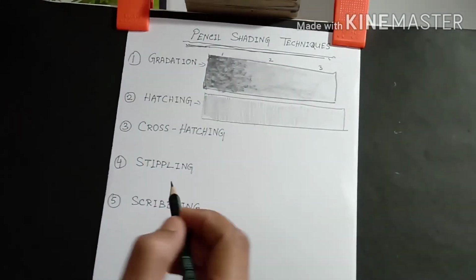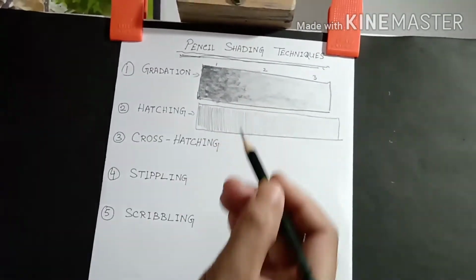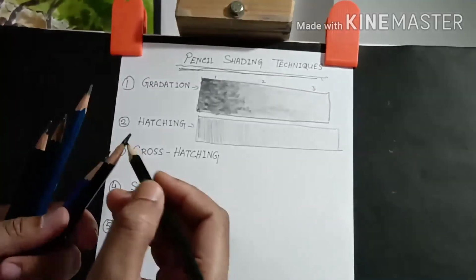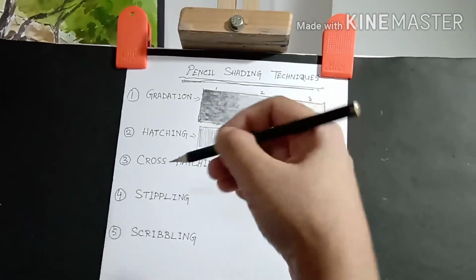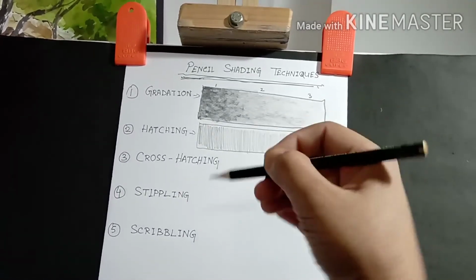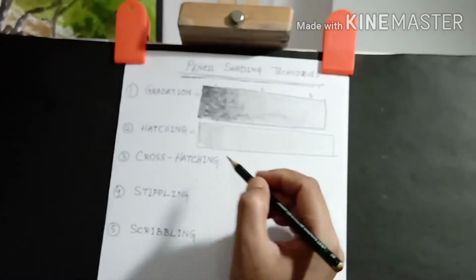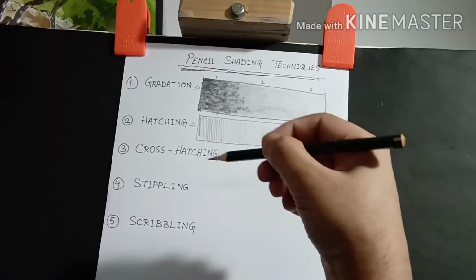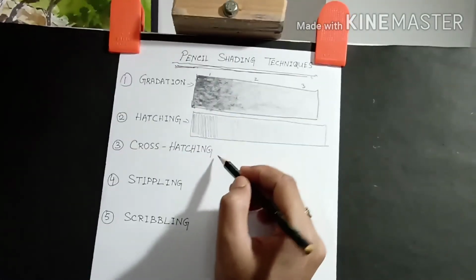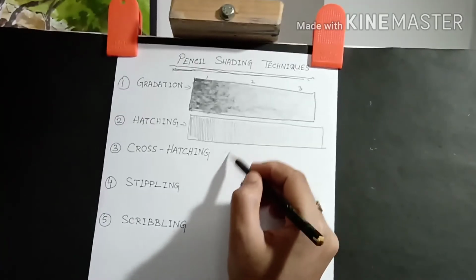Now cross hatching. What is cross hatching? For cross hatching we need the tip of the pencil and hold it like that. Hatching is the same, and cross hatching is also the same position. You hold it normally, but not down. You try to hold your pencil a little bit up.